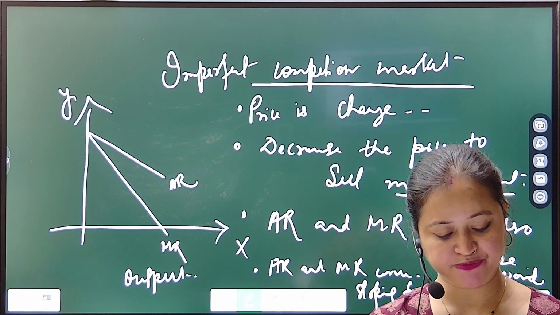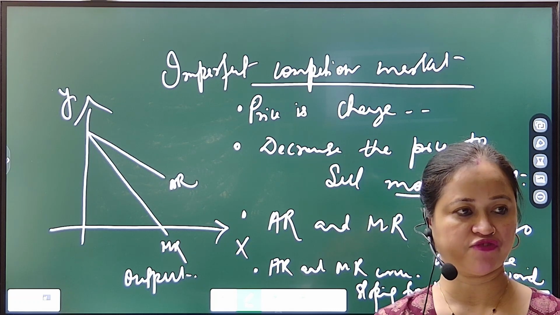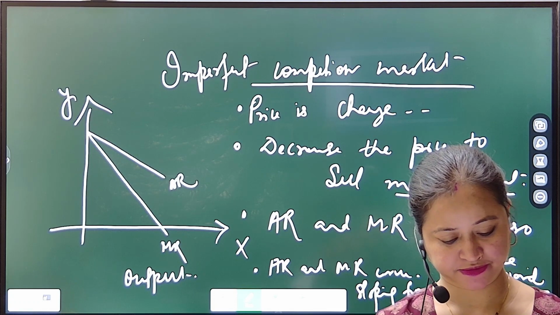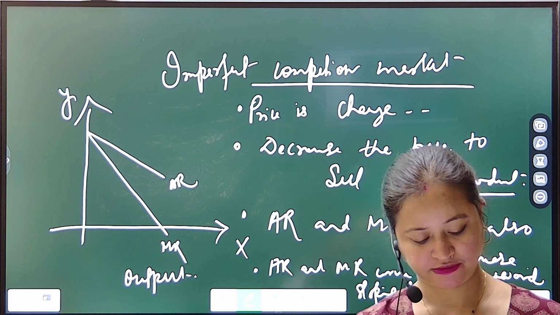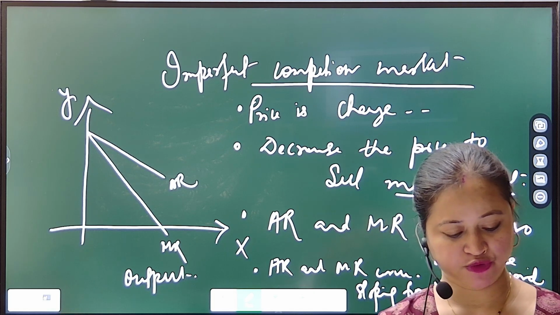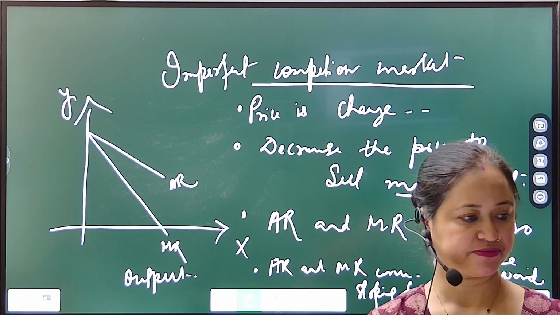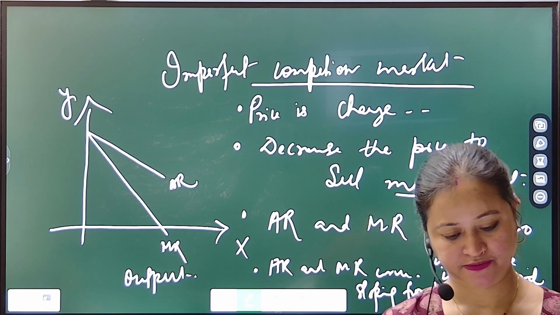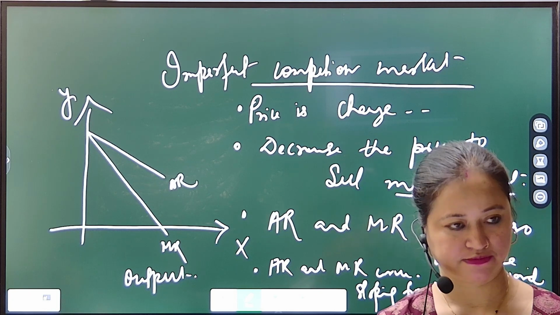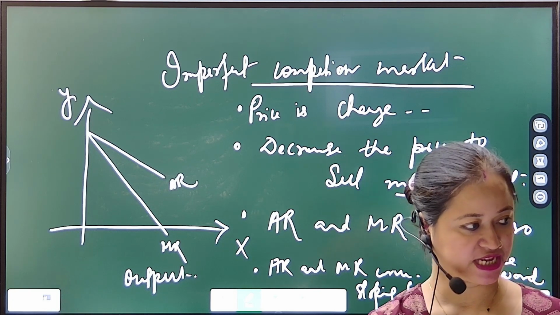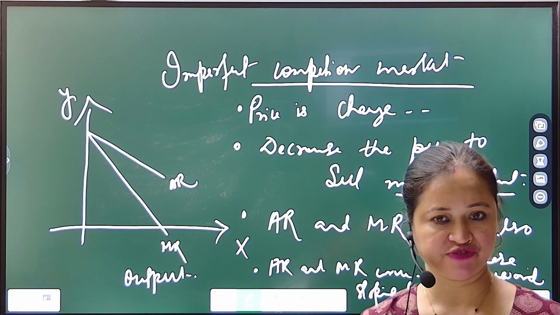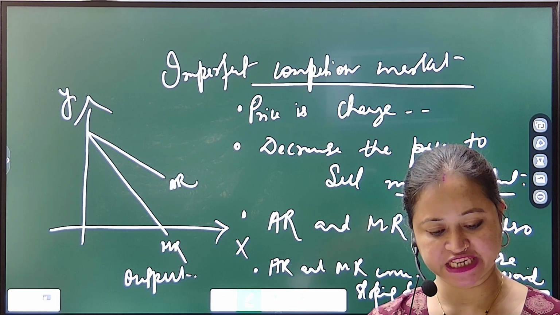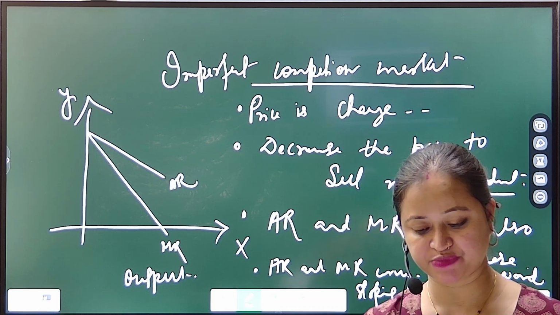Then, railway is an example of perfect market, true or false? False. Railway is an example of monopoly. Here in India, we have only Indian Railways. Yes, it is a monopoly. Which of these is associated with a monopolistic competitive market?